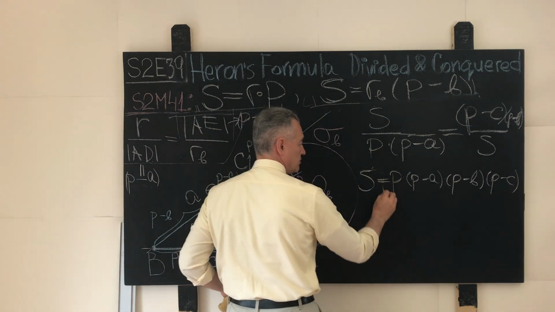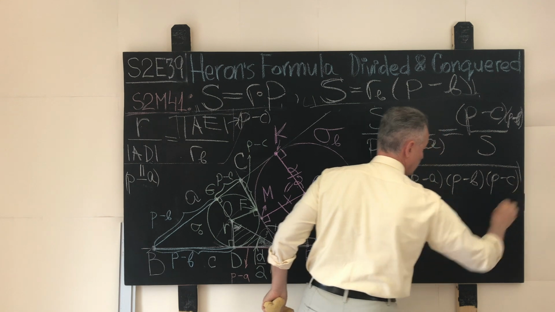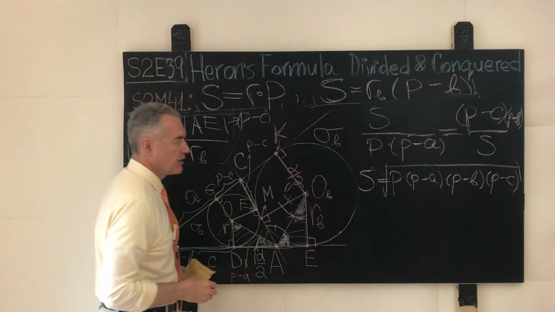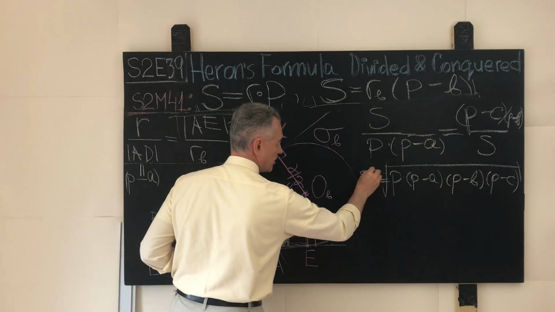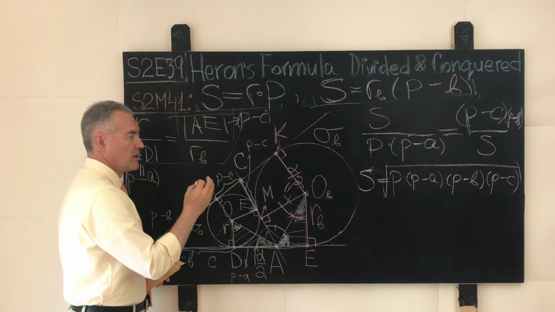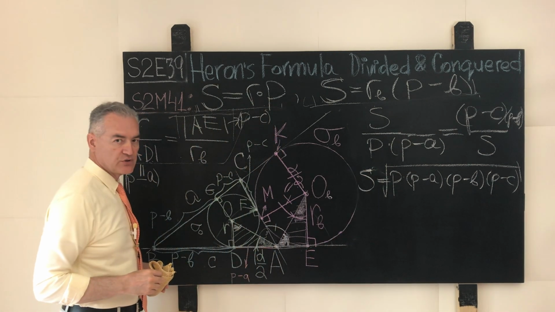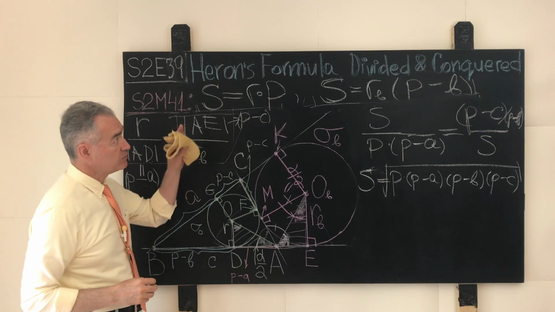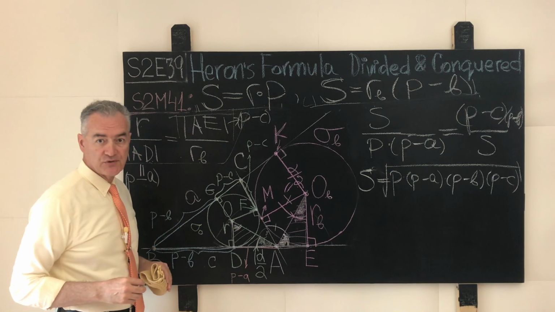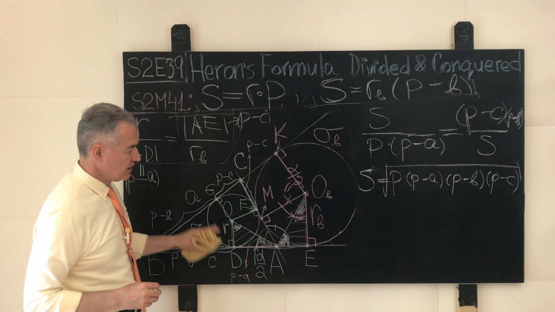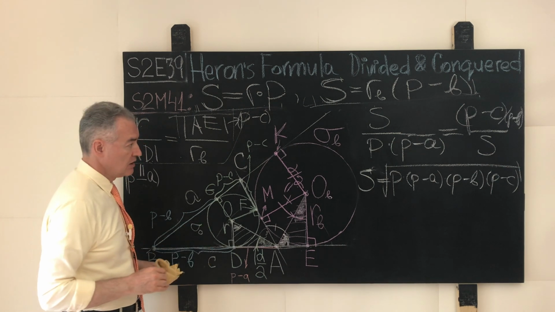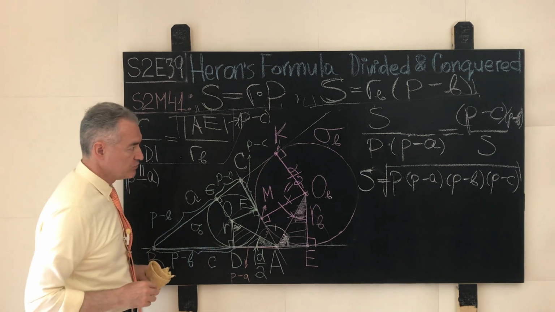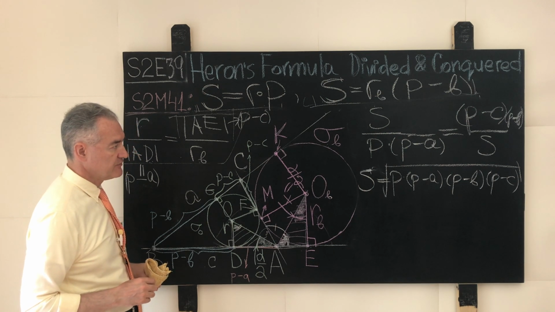Erase the square, extract the square root. All these quantities are strictly positive. Everything here is a real number. Problem solved. Heron's formula proved using precisely the application of the divide and conquer problem solving approach. By my count, at least 6 times we did it. But you guys keep me honest, go over this episode one more time and verify.